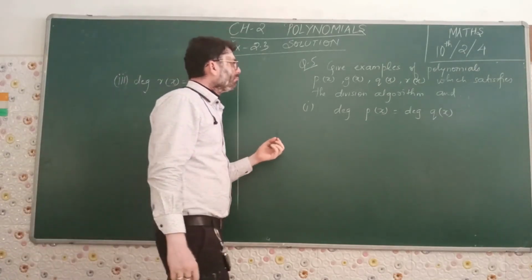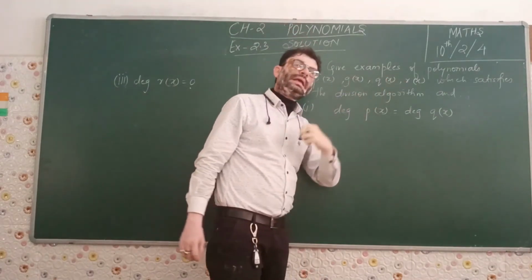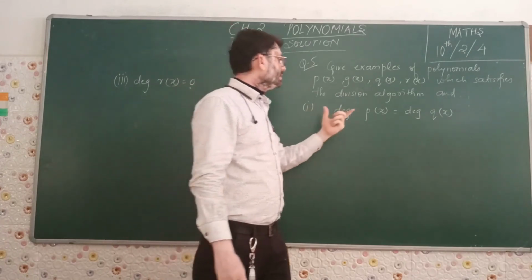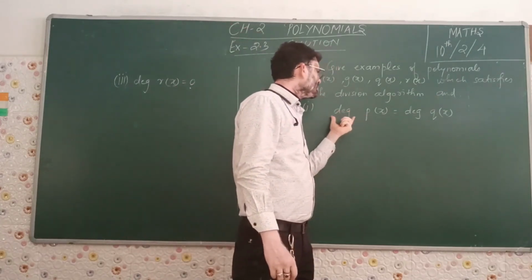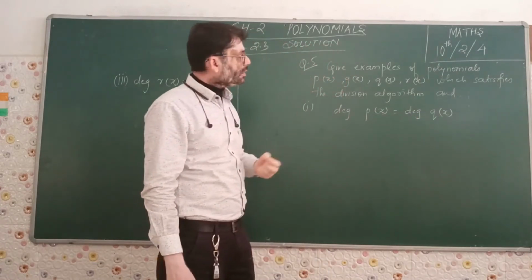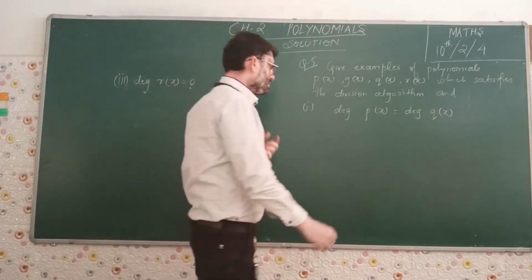Now we will have to find all the 4 polynomials. We will have to make by ourselves those 4 polynomials, keeping in mind the condition that is given to us, that is degree of p of x should be equal to degree of q of x, and also it should satisfy the division algorithm. So let us try out.